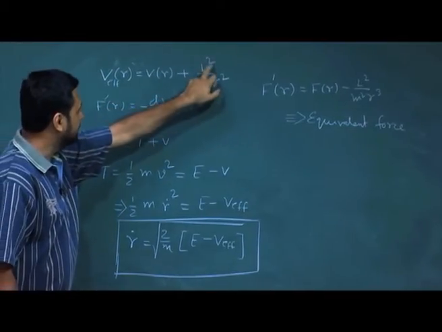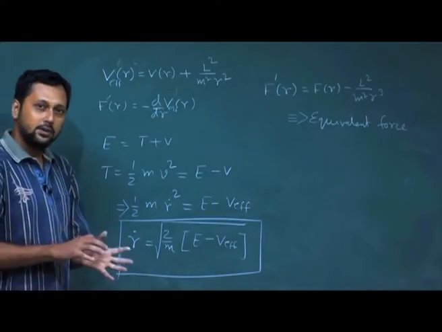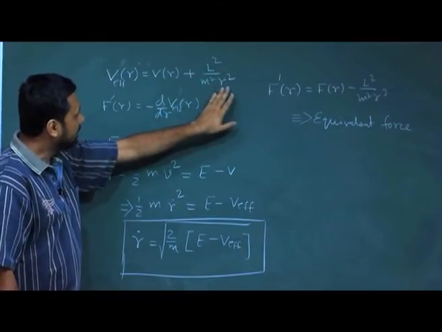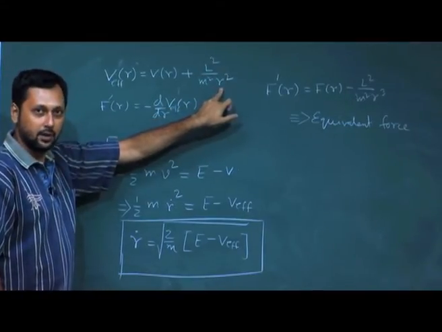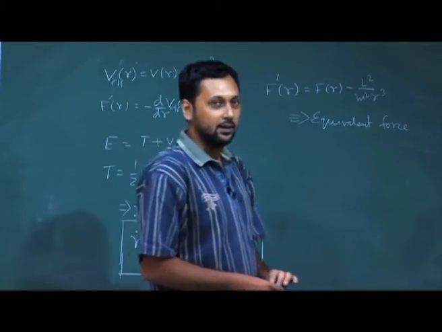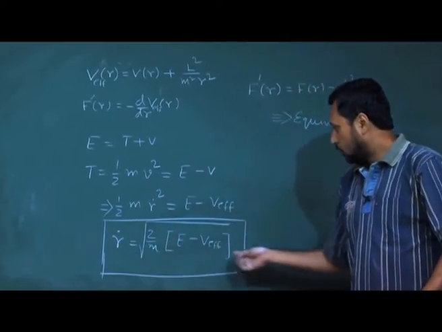The second term is L square by m square r square. So, we have included all the theta dependence into this term, and we converted the theta dependence into an r dependence term.